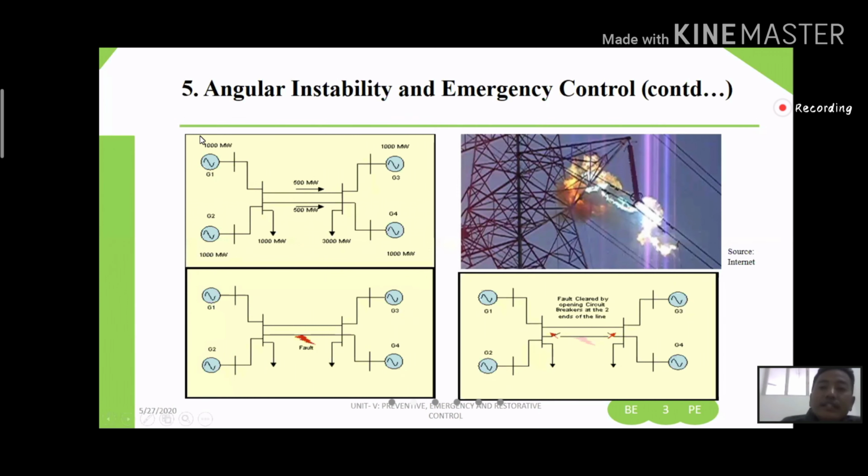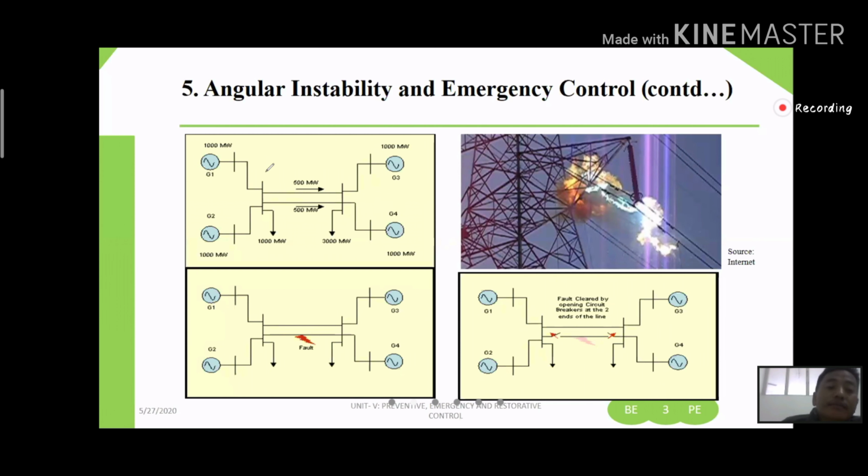So now let's see. There are four generators, G1, G2, G3, G4, and each unit is generating 1000 megawatt. So equally, the four generators generate 1000 megawatt each.